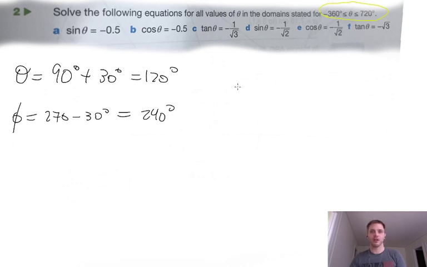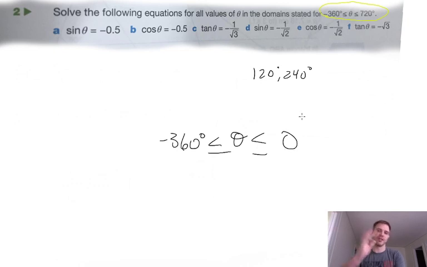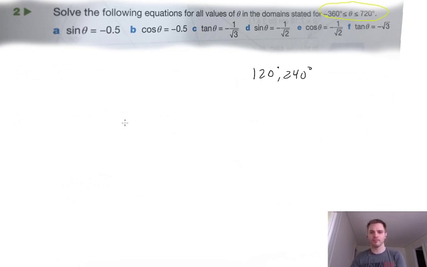Okay. So let me collect those in a list here. And we can start finding our reference angles. Okay. Or coterminal angles, I should say. These are reference angles. We need coterminal angles. So let's find the coterminal angle for this that is in between negative 360 degrees and 0, okay, the previous cycle of sine.